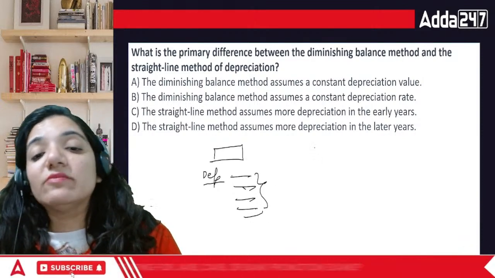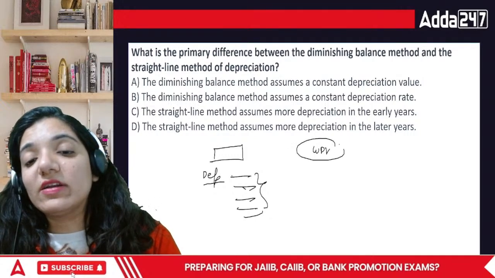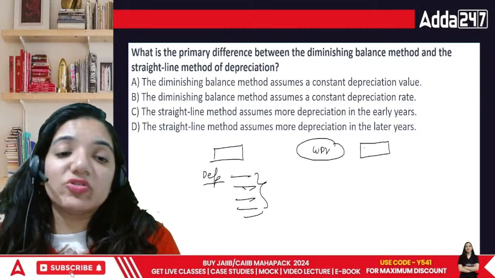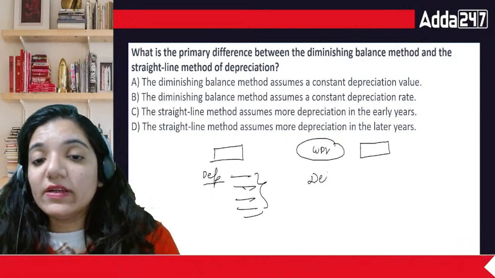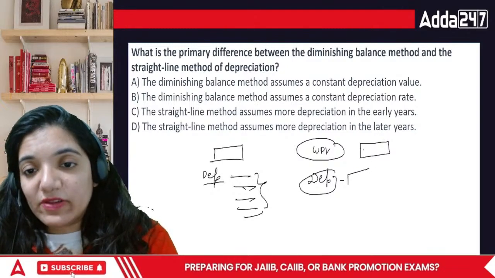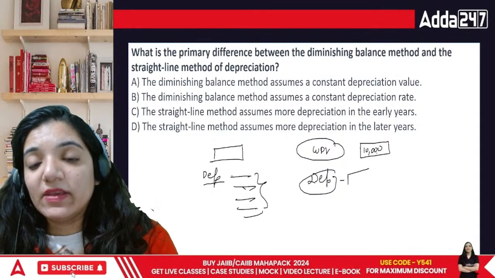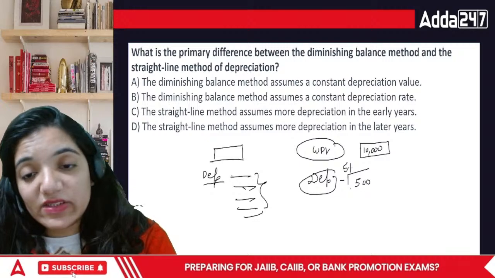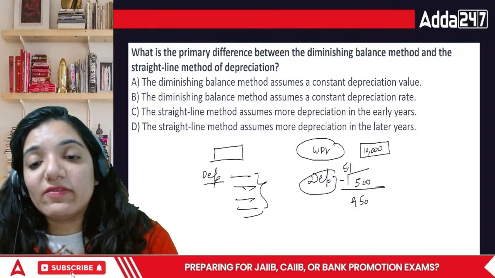While in terms of the WDV or written down value method, once the value of the machinery is chosen, the depreciation is charged in such a way that if the total amount is 10,000, say your depreciation is 5% in the first year. So it would be 500 rupees in the first year. You are left with 9,500.